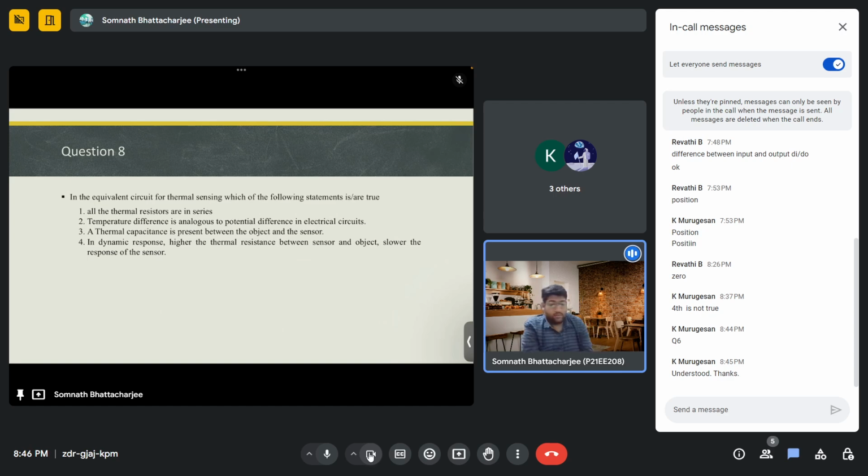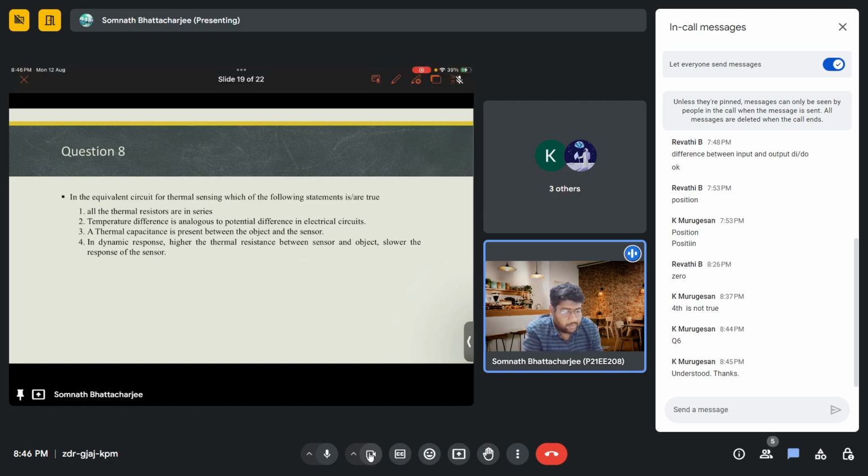Let's talk about the second one. Temperature difference is analogous to a potential difference in an electrical circuit. Is it or not? The first one is from the circuit itself, and it is a true one anyway.